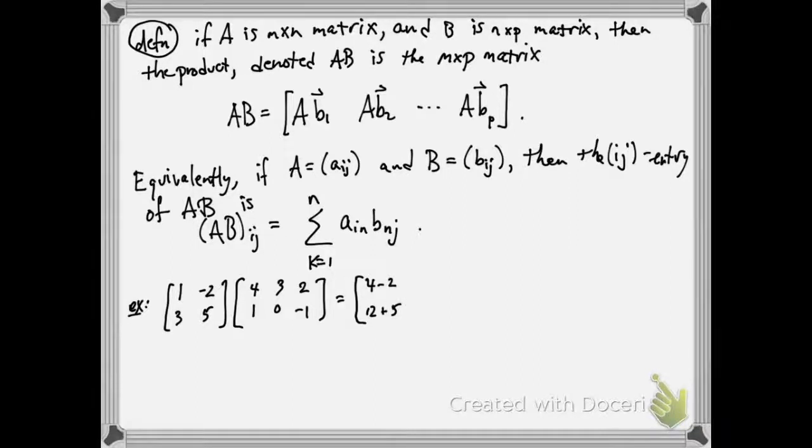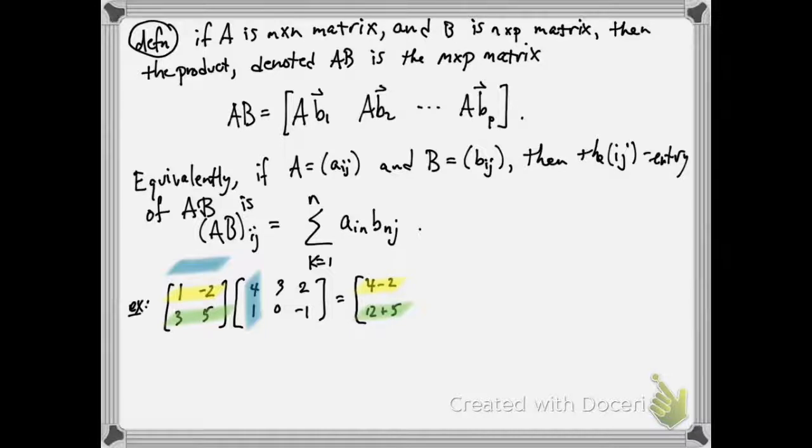I'm going to take the first column of the matrix on the right, which we've been calling B. So I take this 4, 1, and I'm going to view it sideways because I want to use it as the coefficients on the columns of this matrix A. And so I get 4 minus 2 as this top entry, and 12 plus 5 on the second.